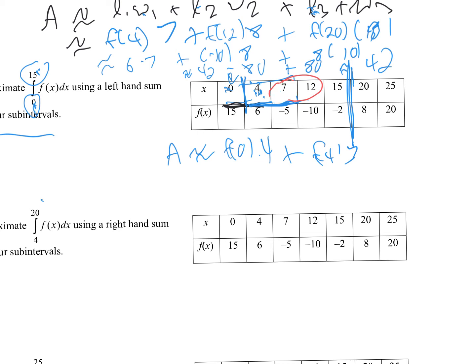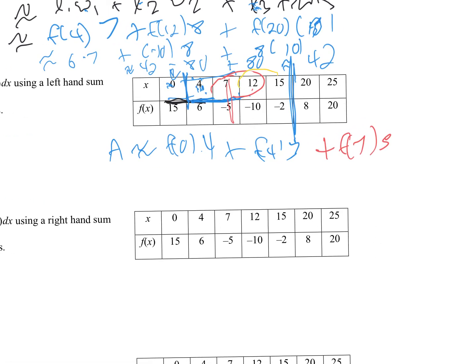I get kind of lost in my, there it is. Plus f of 7. 7 is my left. 12 minus 7, 5. Last one, f of 12. 15 minus 12 is 3. And so my f of 0, let me do some cleaning up a bit here so I can see those values very clearly. And I know you guys are better than I am at artwork.